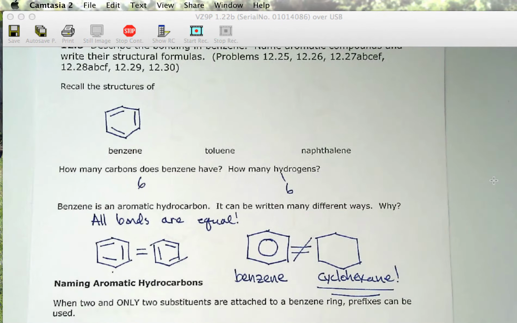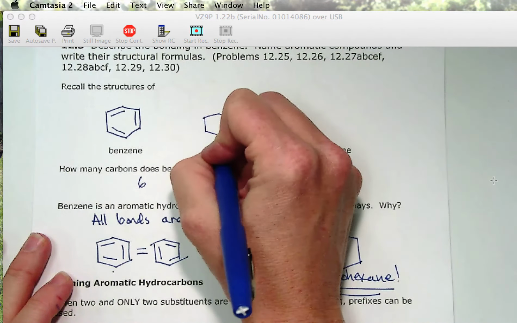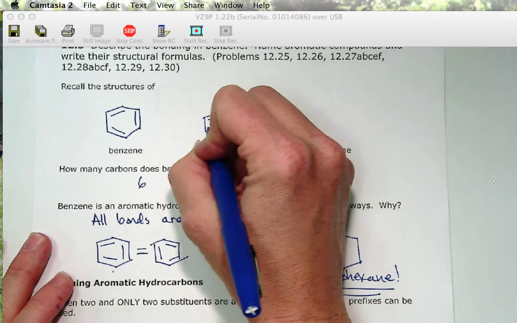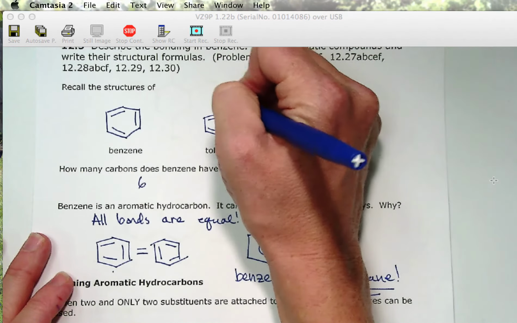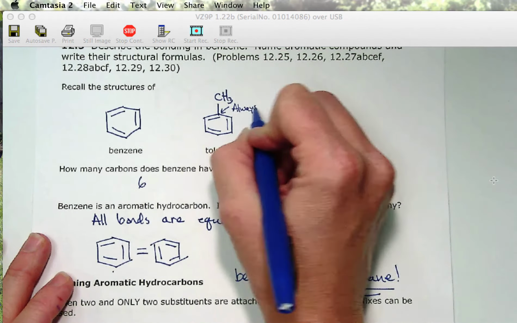The other aromatic hydrocarbons that you need to know for exam 3 are on the 3 orange flashcards. Toluene, that has a methyl group, and this is always number 1.